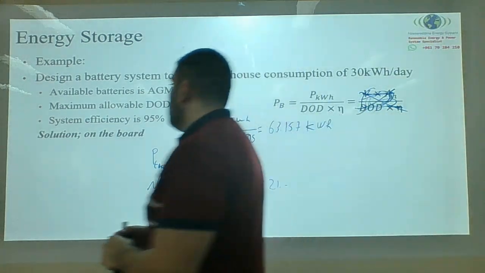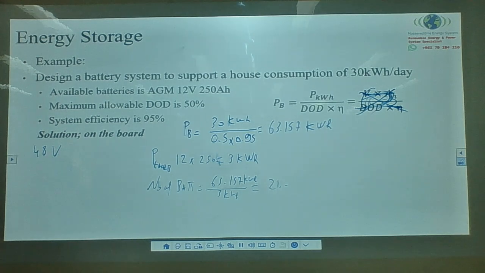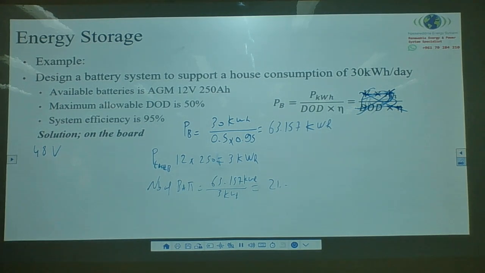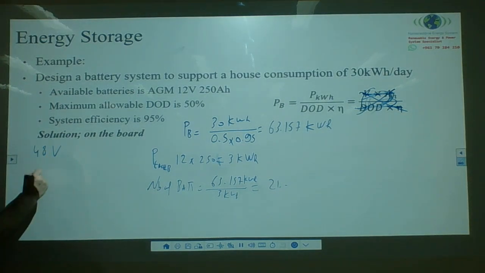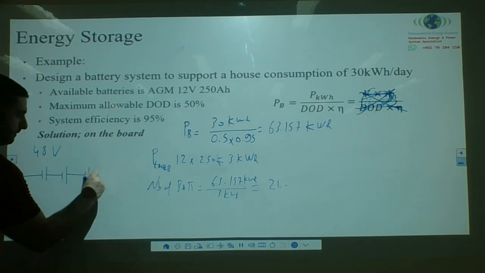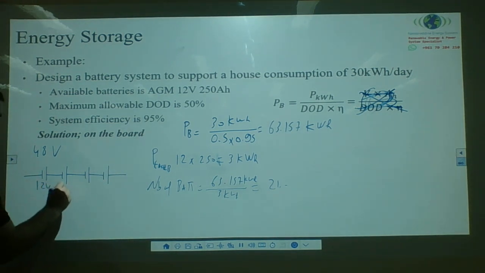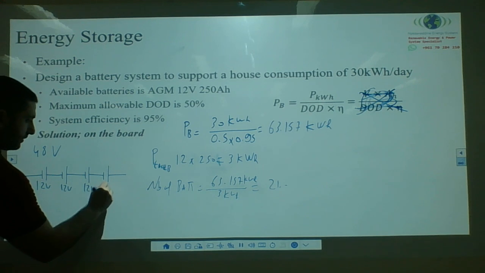So now I want to design a 48 volt system. So I have four of them. Is that correct? 4 of them. So I have like this, 12 volt.